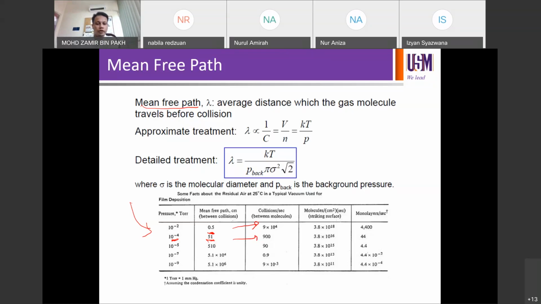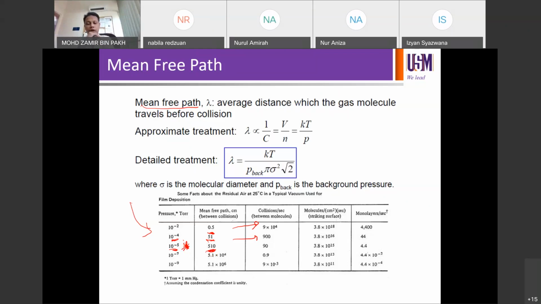If you reduce the pressure further, down to 10-5, this is the typical base pressure that we use in order to prepare our film deposition system. So this is the standard one. I put an asterisk there. Your mean free path increases up to 510 cm.